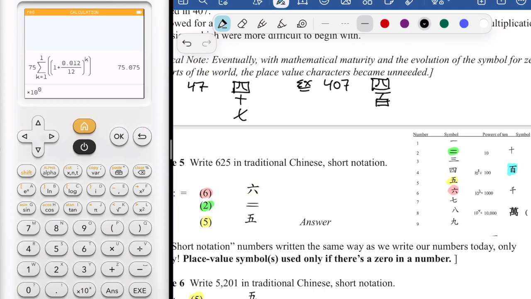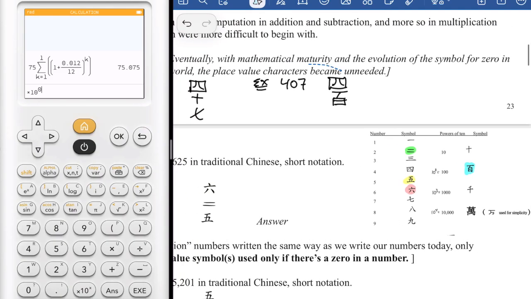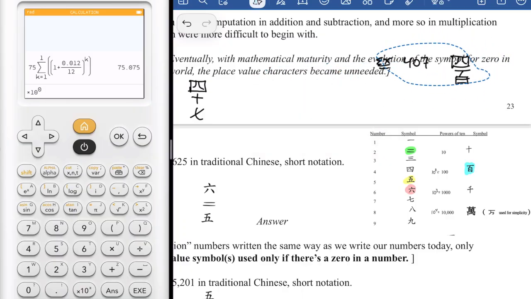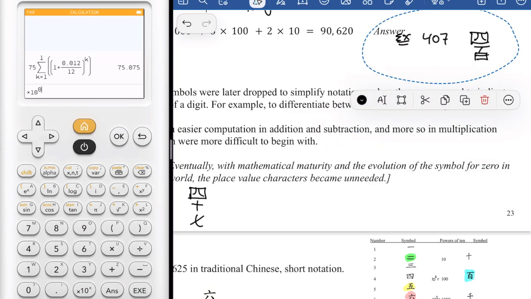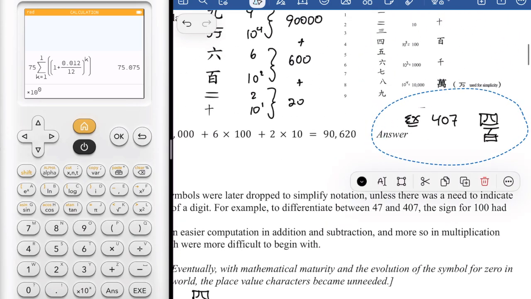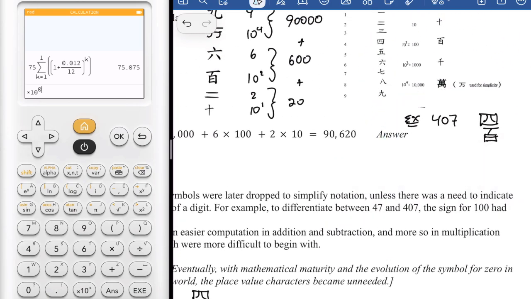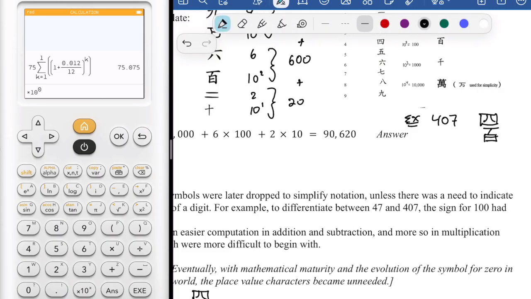I didn't really leave myself enough room, so let me move this over. Just kind of tuck it in over here. Now, if we did know what 0 was at this point, I would tuck that in there, and then I would follow that up with the tens place, which would be that, and then I would have my 7 in there.